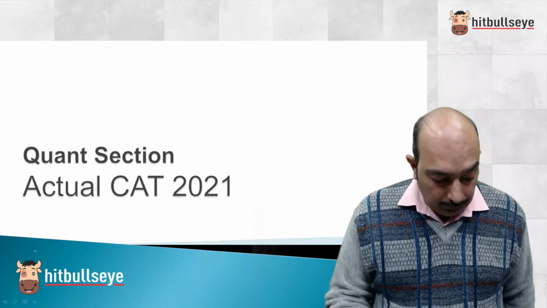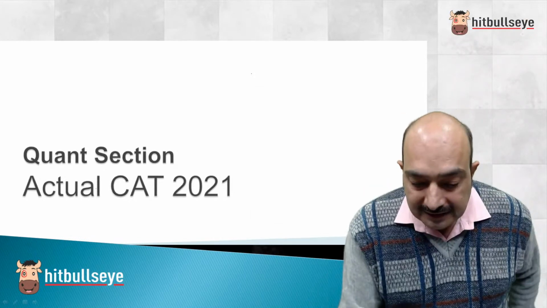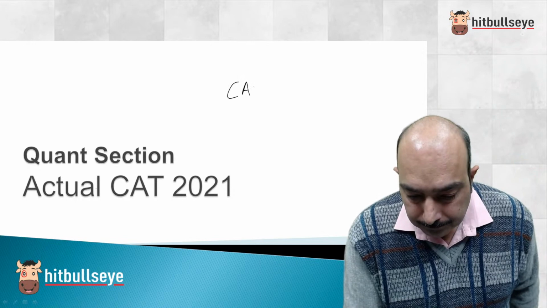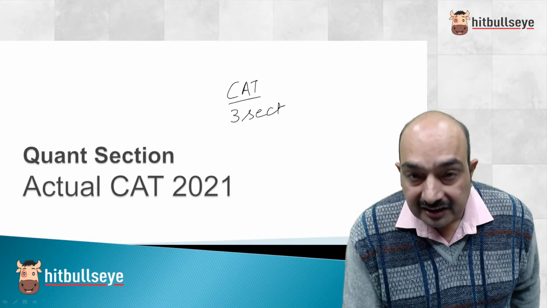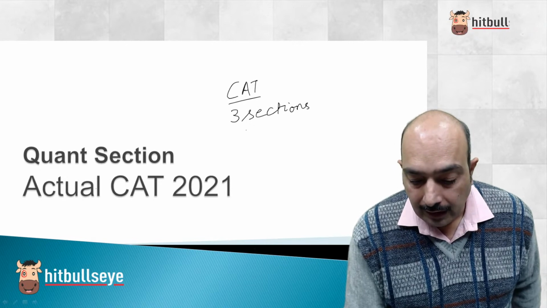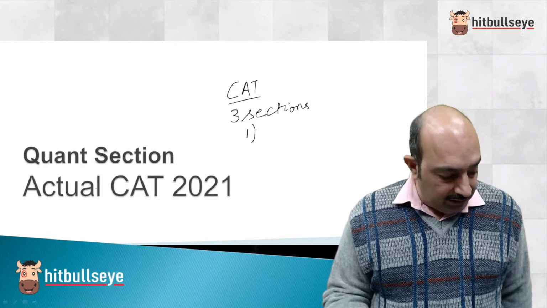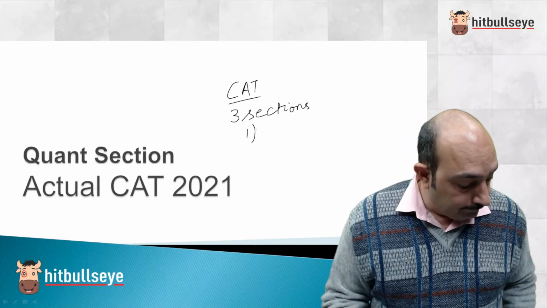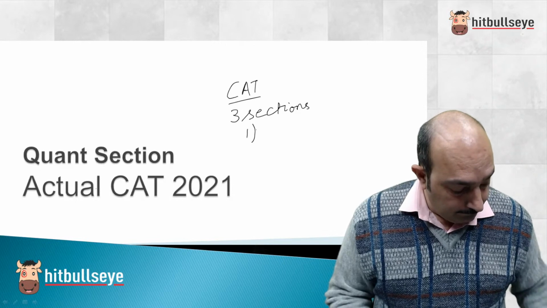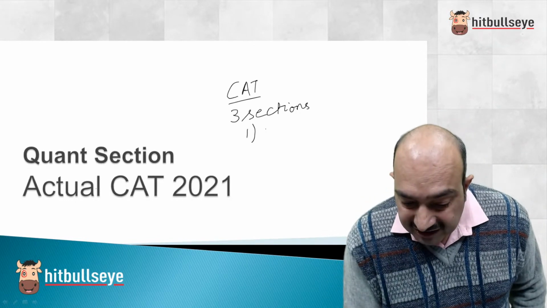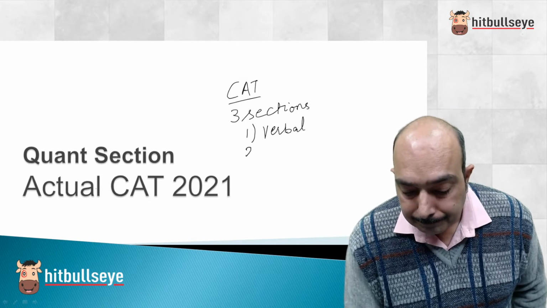Now, moving on. If I just talk of the CAT exam itself, we know very well it has 3 sections, right? And if I just give a brief detail of the sections, first section, verbal section.